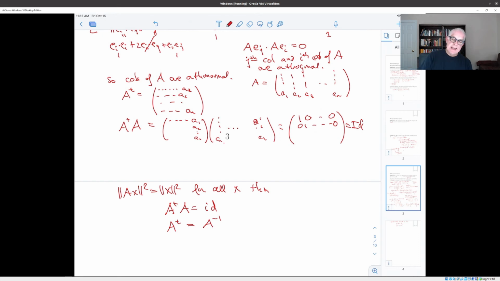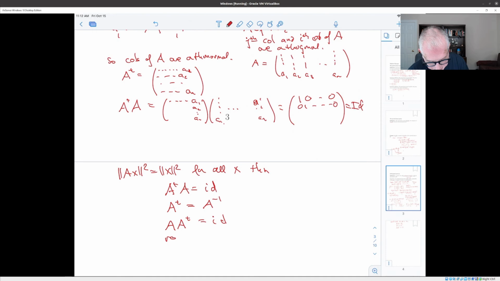I mean, A is clearly invertible, and its inverse is A transpose. And now let's multiply on the left of this equation by A, and we get A A transpose equals the identity. And if you go back through this, this tells you also that the rows of A are also orthonormal.